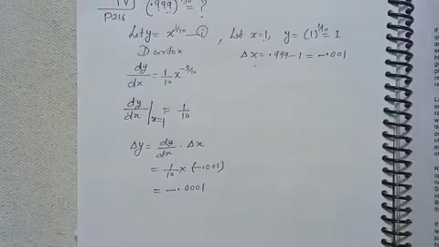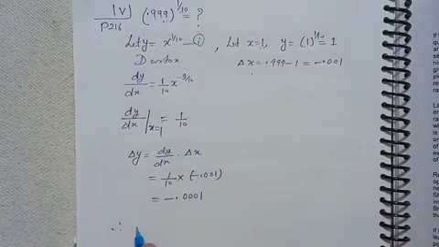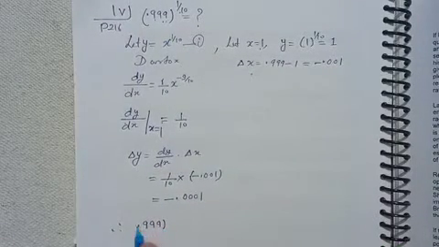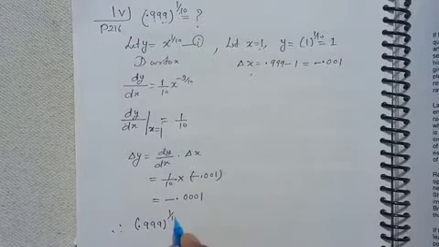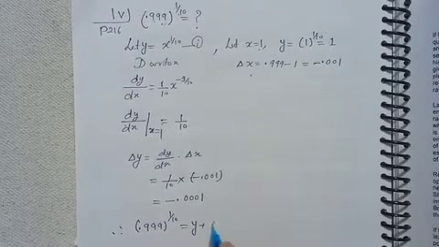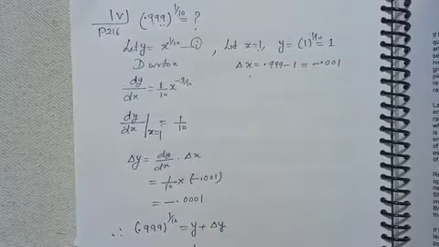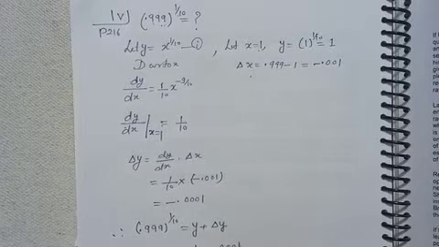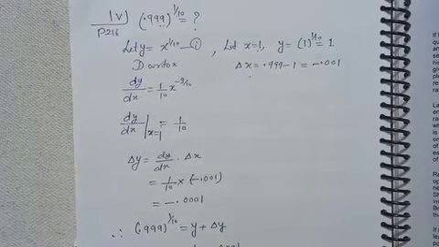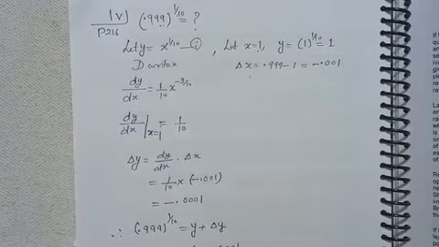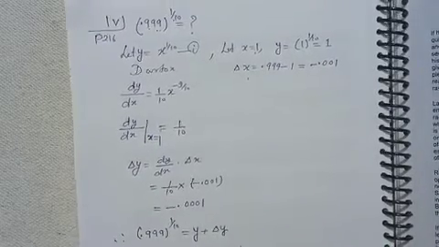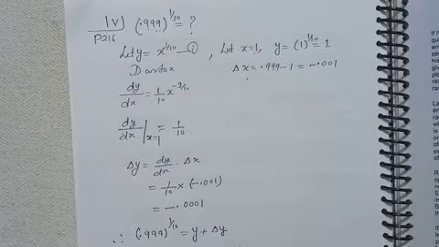This is change in y. We have value of y also 1. So 0.999 raised to the power 1 by 10 equals y plus delta y. Y is 1 and delta y is minus 0.0001. It means 0.9999. This is the 10th root of 0.999. You may note it down or you can take its screenshot.